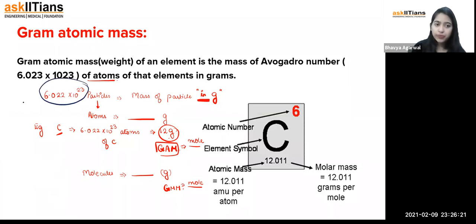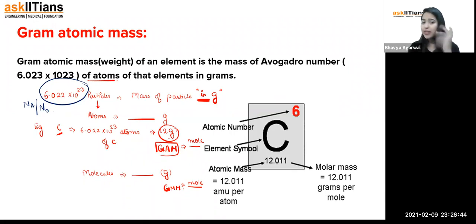This number is represented as Na or N naught, Avogadro's number. So this is the simple thing. About molecular mass, we will be discussing that, so don't worry. This was majorly about atomic mass, that is, the mass of an atom.